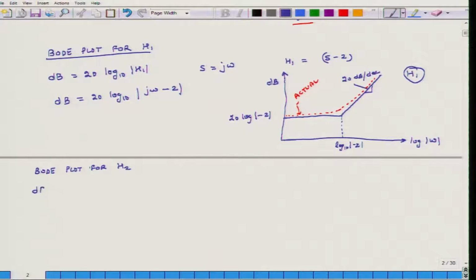So, this is equal to dB equals 20 log of absolute value of H2, and once I do the substitution s equals j omega, and H2 is s plus 2, what I get is 20 log of absolute value of j omega plus 2.